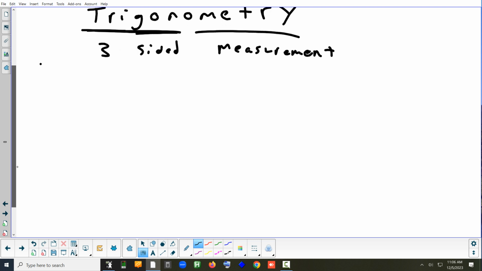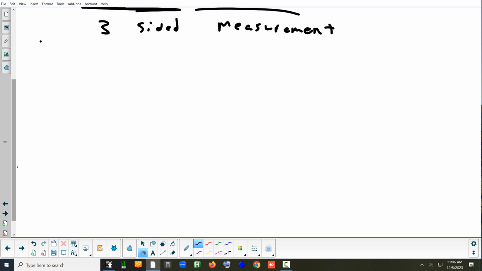All right, so here's an example of something we could do in trig that would involve a triangle. Let's say we had a fire somewhere, let's say in a forest, and there are towers. If you've ever hiked Mount Wachusett, you see one up there.